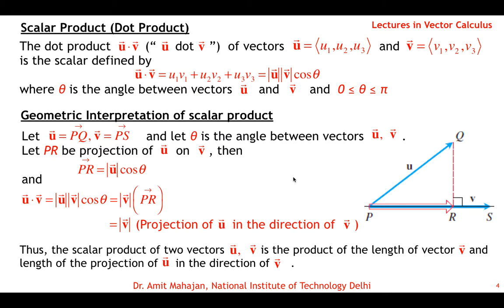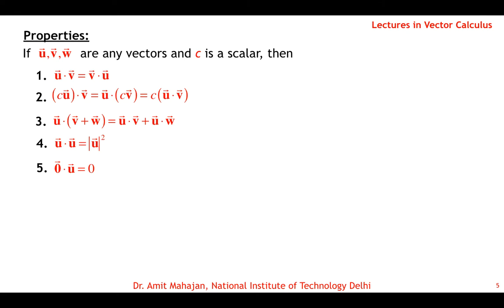Okay, some of the properties of the scalar dot product. If you have vectors u, v and w, and c is any scalar, then the dot product is commutative. That means u dot v is the same as v dot u.